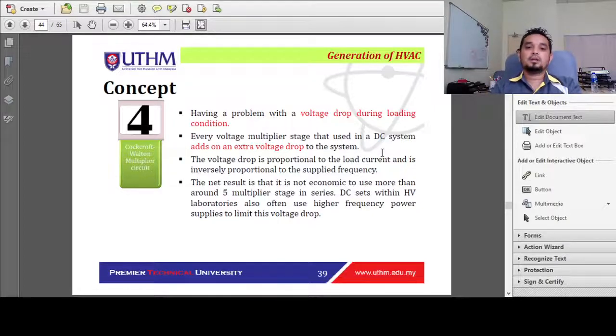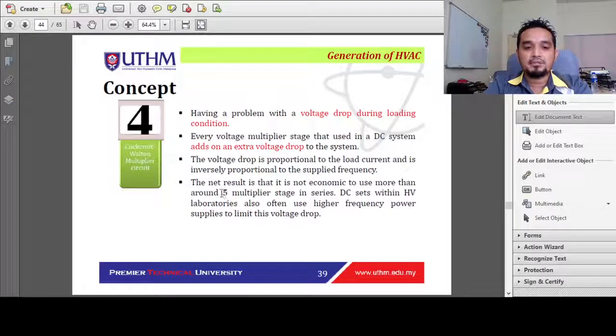Say, for example, we have 10 kV per stage, and at the end of the output we may only get about 50 kV less the losses. As simple as that. The more circuits we cascade, the more losses, or voltage drop, we will experience.